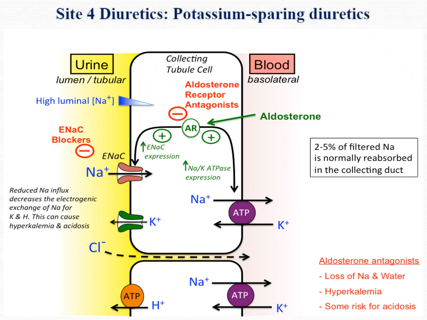So it's not so important in terms of diuretic effect, because there is very little sodium reabsorbed there. Preventing that sodium reabsorption might have some weak diuretic effect, but not much, because the amount of sodium to be reabsorbed is very little.